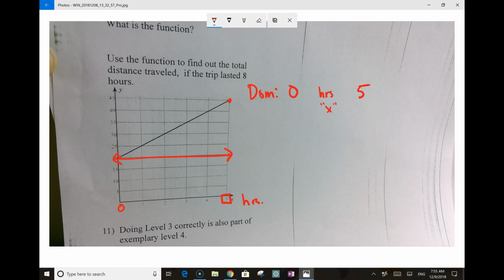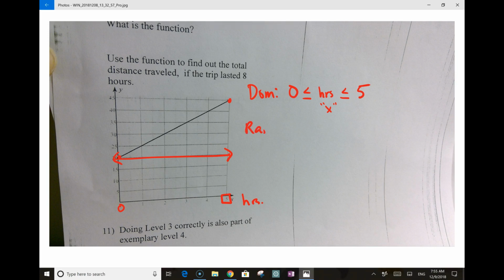So the hours go from 0 to 5, and because we have to include both those times, we put the less than or equal to. This is a conjunction, so the x being in the middle of or between the 0 and 5 indicates that the time frame we're looking at is between 0 to 5 hours.